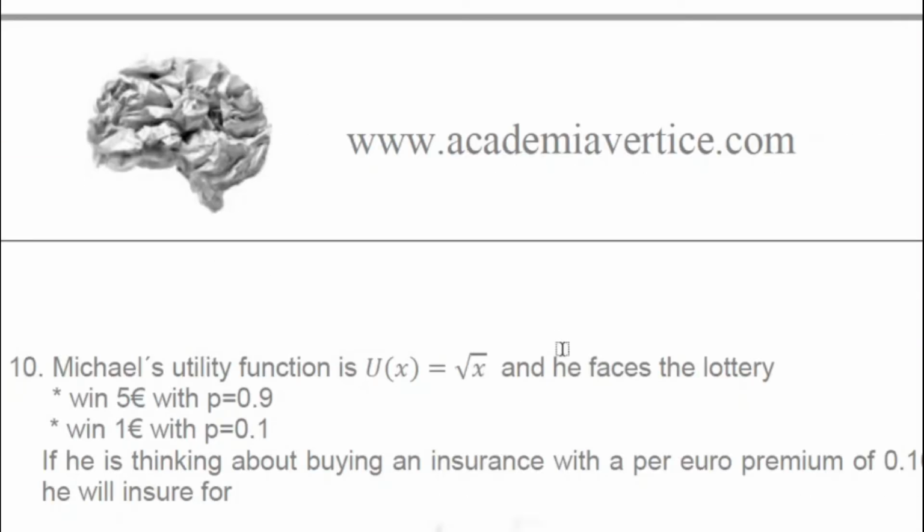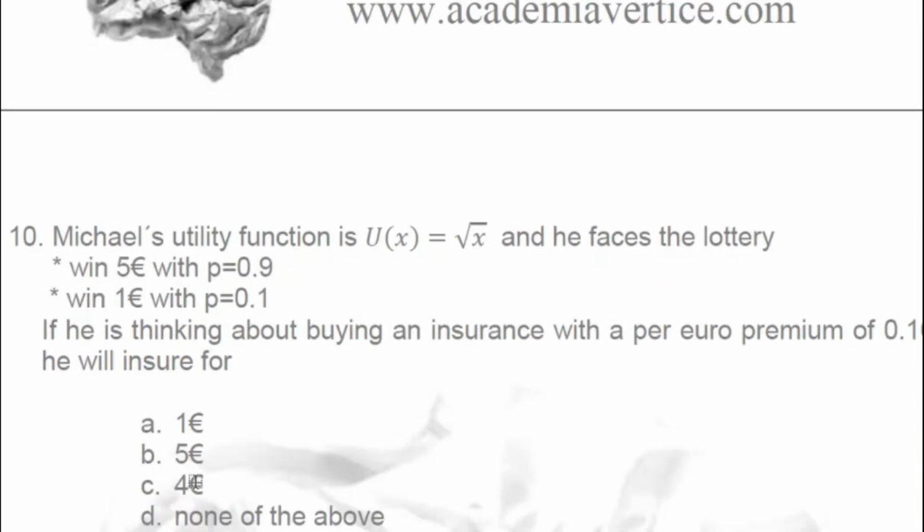Michael's utility function is the square root of x, and he faces the same lottery. If he's thinking about buying insurance with a per euro premium of 0.10, how much will he insure for? We know that when we have a risk-averse player who faces fair insurance, with a per euro premium equal to the probability of that scenario, he will insure for all the possible loss.